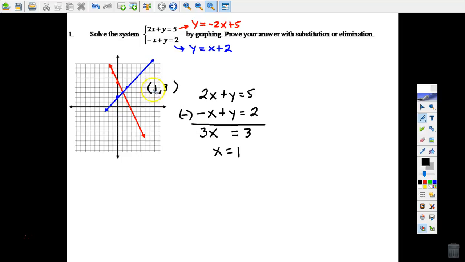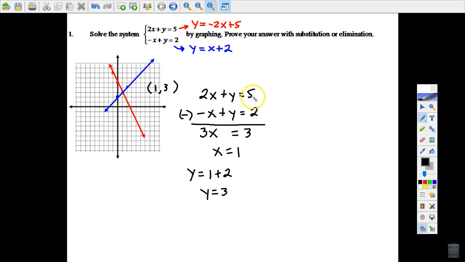That part checks out. And then I'm going to plug into either one of these for finding y. I'll just plug into the bottom one. y equals 1 plus 2, so y is 3.